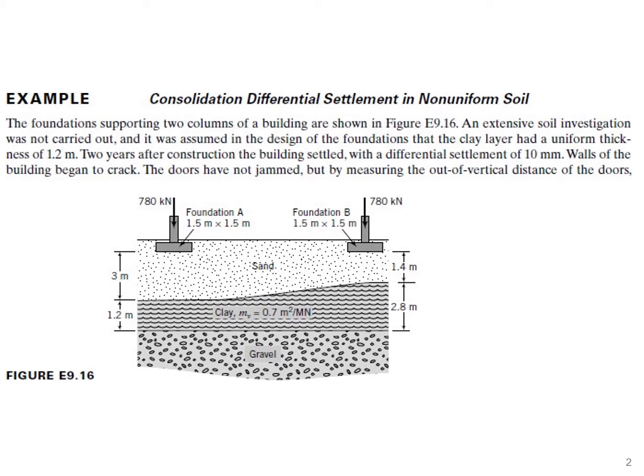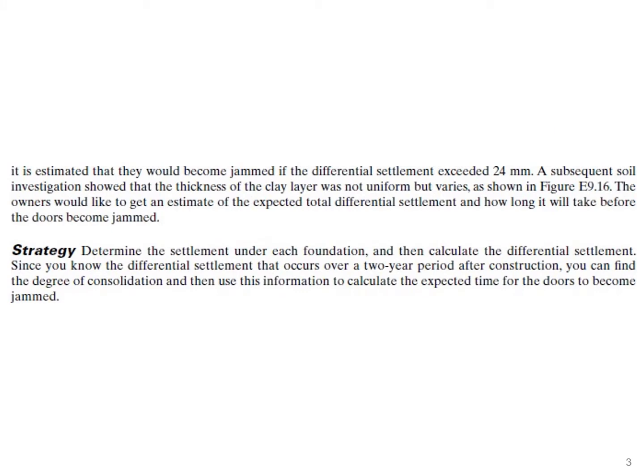The doors have not jammed, but by measuring the out of vertical distance of the doors, it is estimated that they would become jammed if the differential settlement exceeded 24 millimeter.